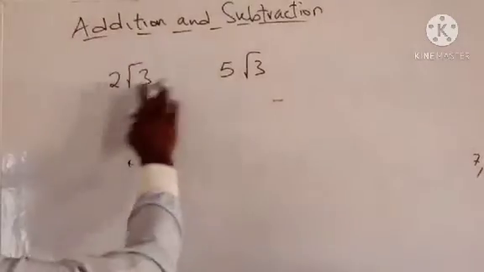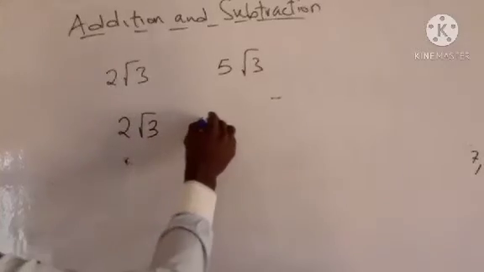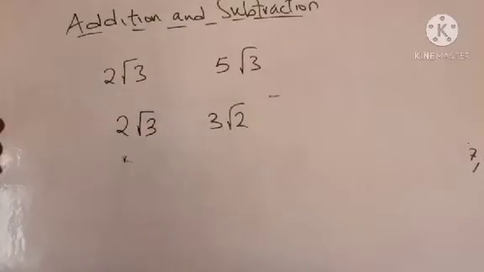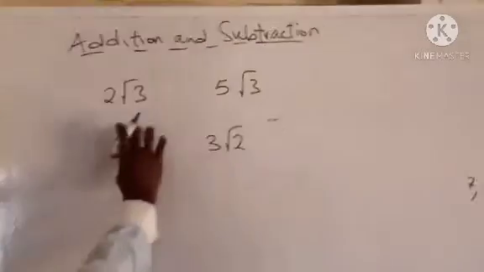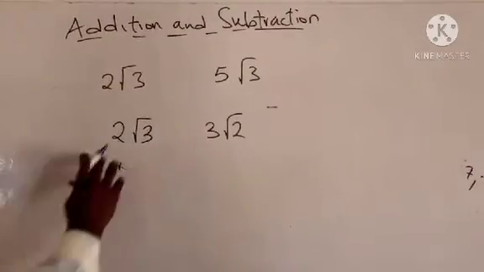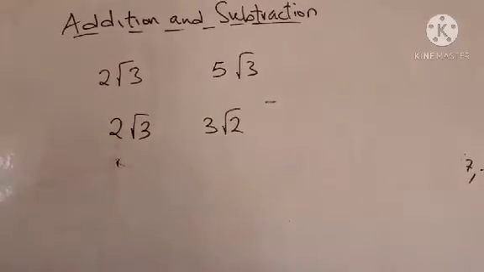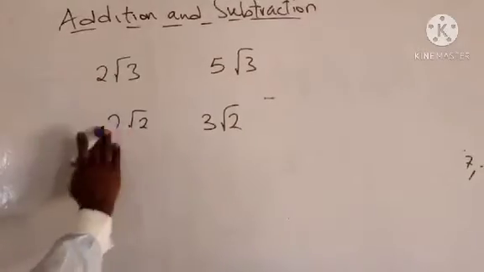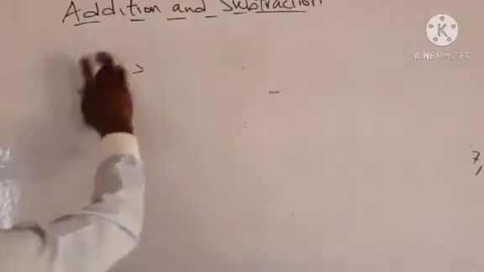Because what you have in the root is the same. 2 root 3 and 3 root 2 are not like surds. Why? Because what you have in the square root sign are different. If what you have in the square root sign is the same, then we say the surds are like. Know that only like surds can be added together or subtracted from one another.